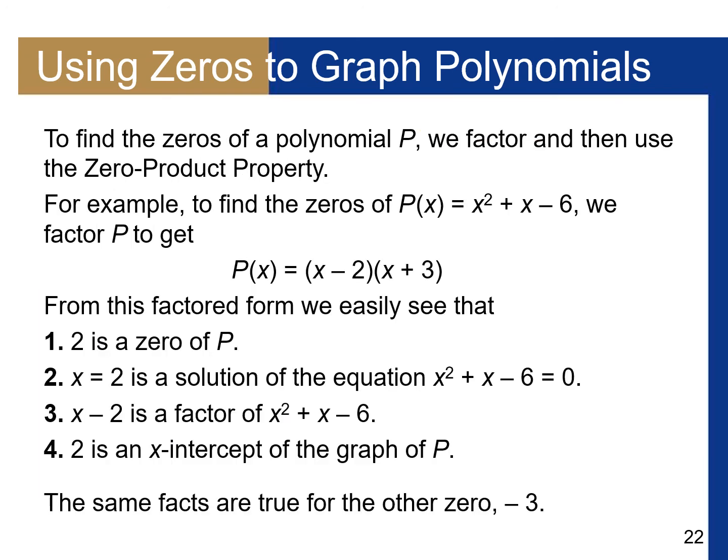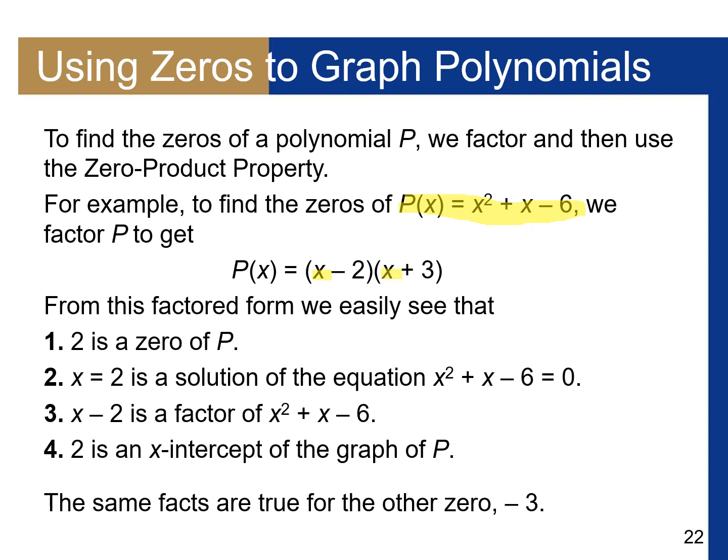Finding the zeros of a polynomial, we will factor it and use the product property. For example, if we find the zeros of a quadratic, that's great because we already know how to factor a quadratic equation if it does in fact factor. And this one does. It will give me x minus 2 and x plus 3. So that tells me that if I plug 2 in here, I will get 0.